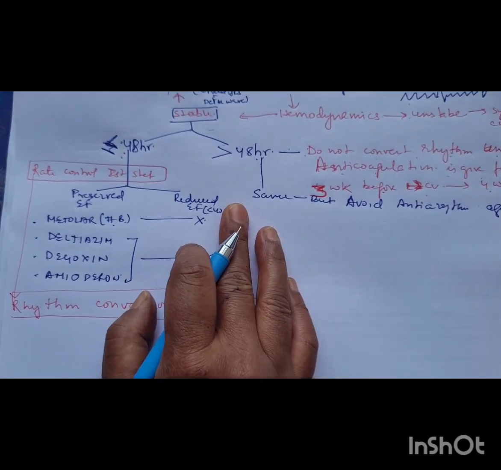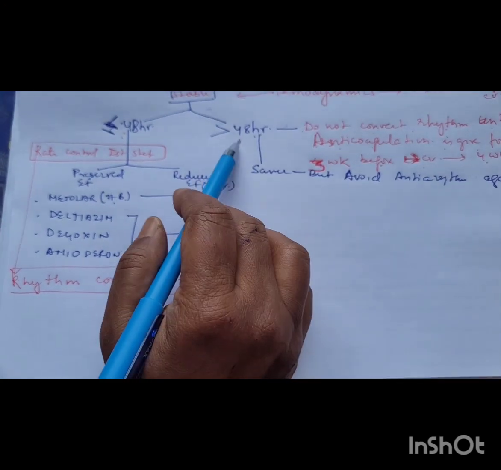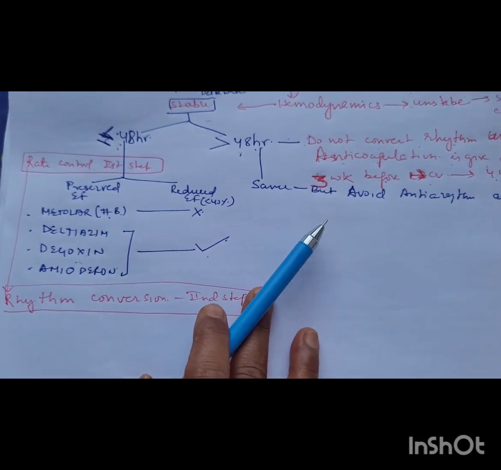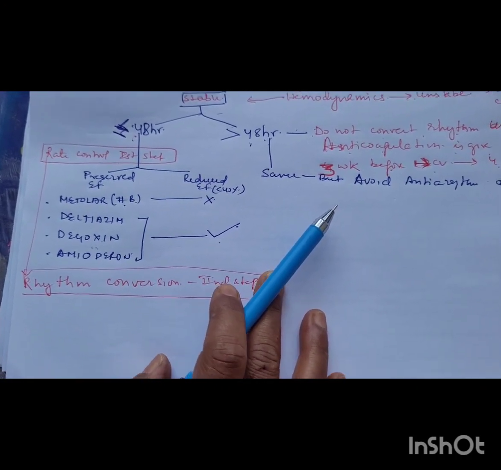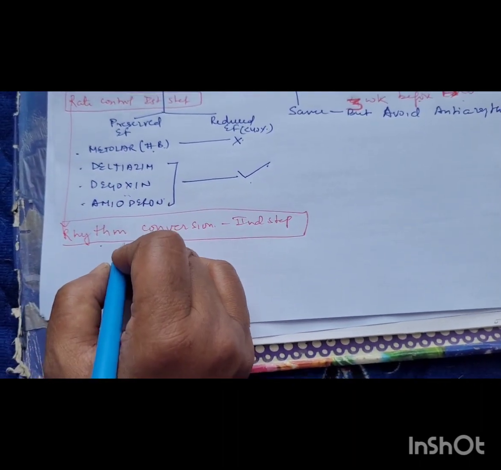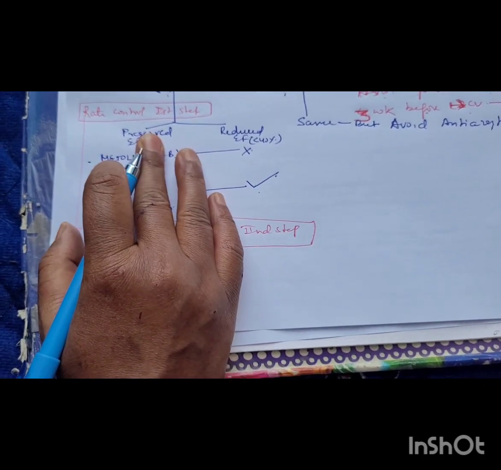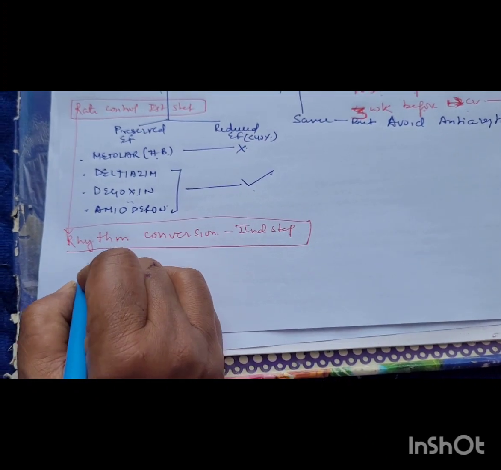So we have to anticoagulate, and then only we give anti-arrhythmic agents if the AF is of greater than 48 hours. So digoxin, amiodarone, any anti-arrhythmic agent should be avoided if the AF is of greater than 48 hours. So for rhythm control, in either case, preserved ejection fraction or reduced ejection fraction, amiodarone can be used.